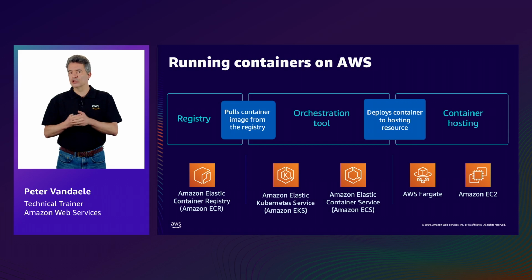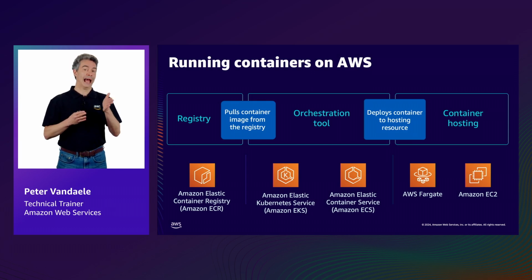Next step is to choose your orchestration tool. When you're running a few containers, managing them isn't a deal breaker. However, when you have hundreds of containers running, you need some sort of orchestration tool that can easily deploy, manage, and scale containerized applications. There are two services that you can choose from for the orchestration services.